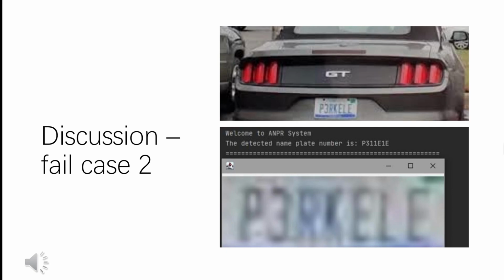We cannot resolve this problem by optimizing our code. The solution should be at the hardware level. That is, we need to improve the quality of the input photo by changing to a better camera or finding a better position for the camera, etc.